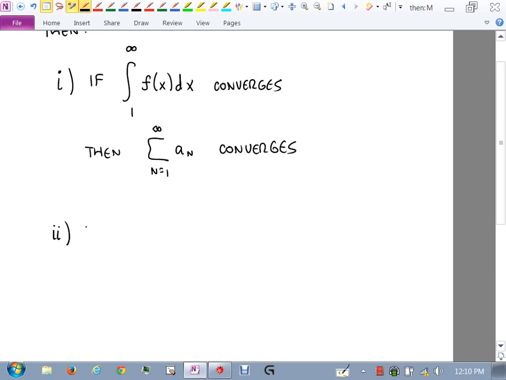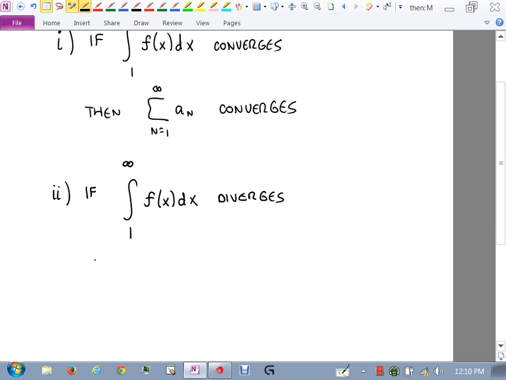The second one is not so obvious, I think. If that improper integral diverges, then, believe it or not, so must the series. You see how powerful this is.